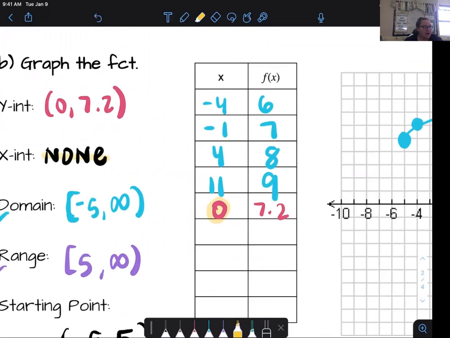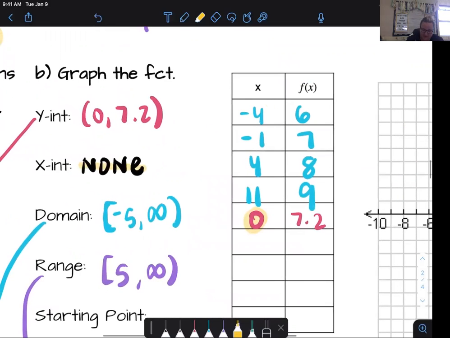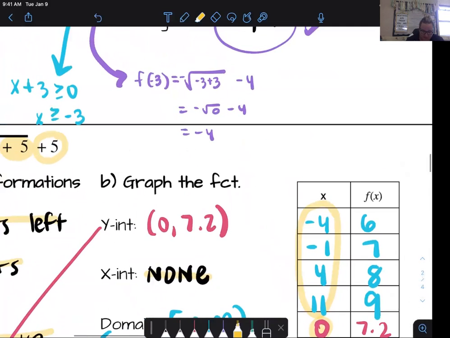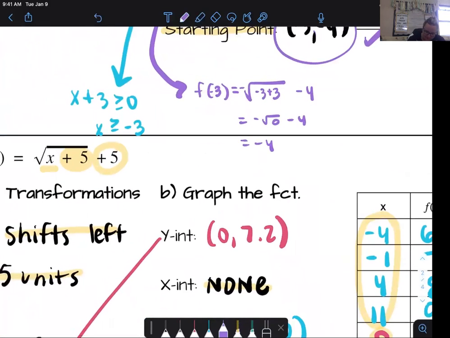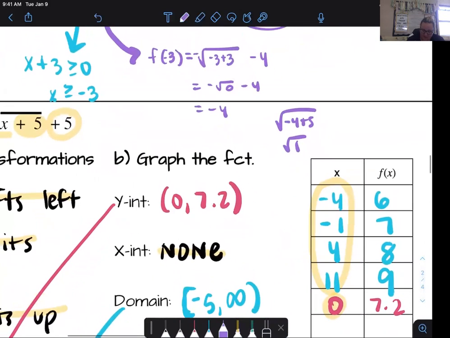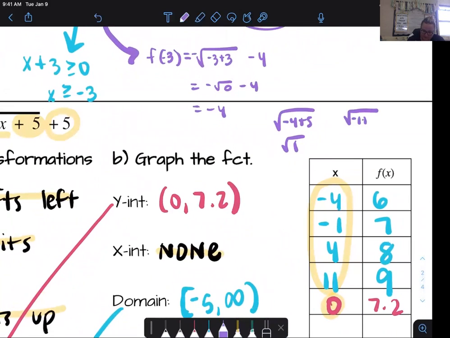I noticed that if I plug in these x values, I'll get integers for my answer, because -4 plus 5 under that radical gets me the square root of 1. And then I just added 5 and got 6. Then if I plugged in -1, I would get the square root of 4, which is 2, add 5, I get 7.